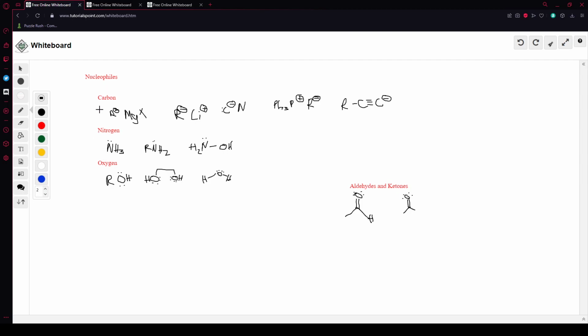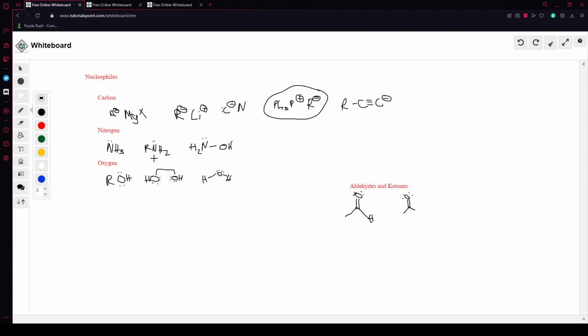The carbon nucleophiles are going to be a carbon with a lone pair on it, so it has a negative charge, connected to a more positive element, so like this lithium or the phosphorus here, usually. And so this is actually a special one. We'll save that for a little later.